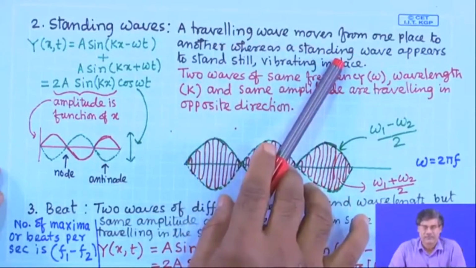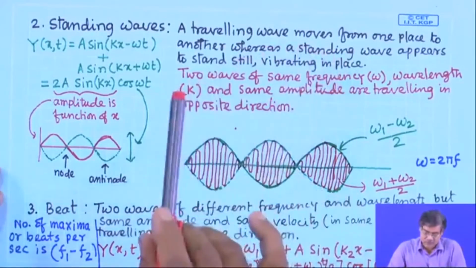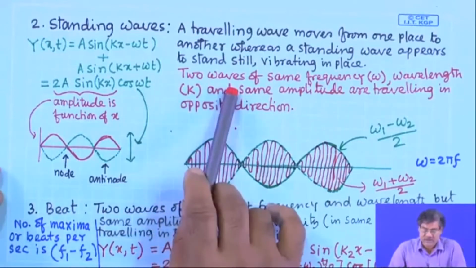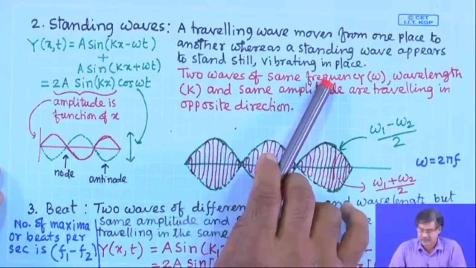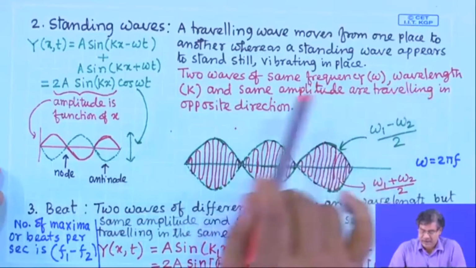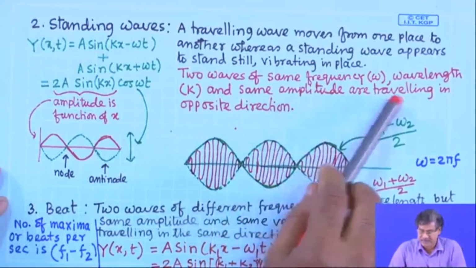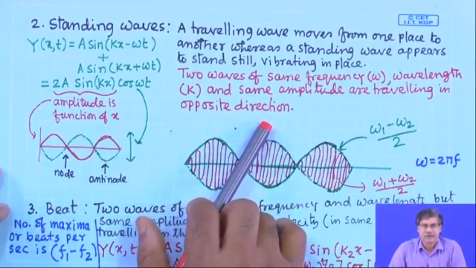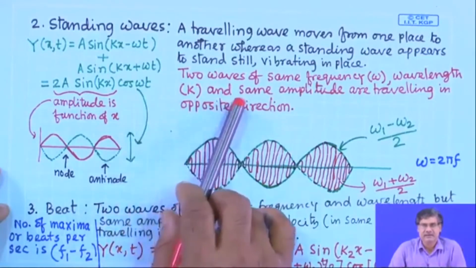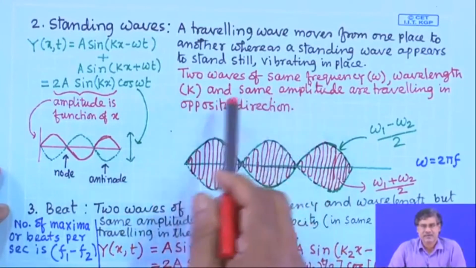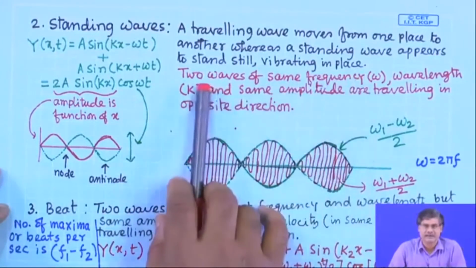Now, two waves of the same frequency, wavelength and amplitude travelling in opposite directions. In the case of interference, they are travelling in the same direction; in this case they are travelling in opposite directions.